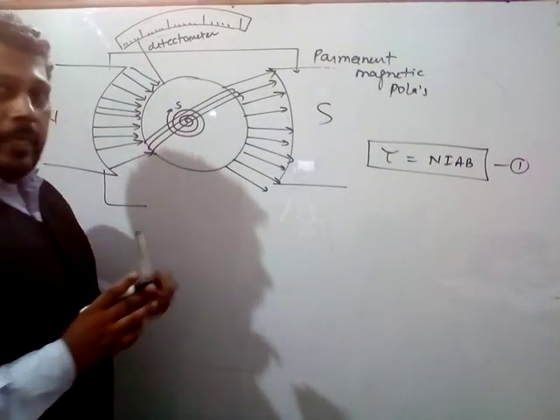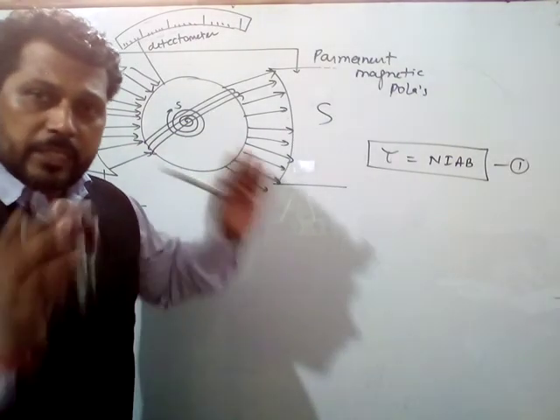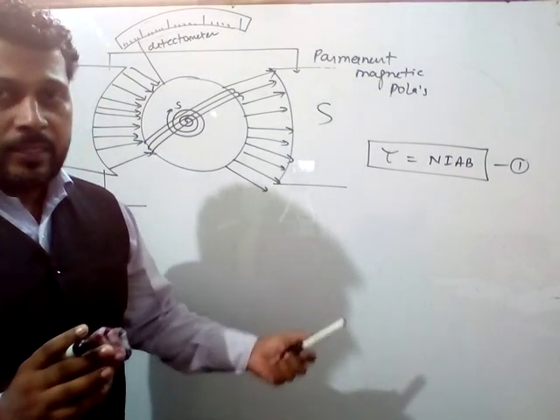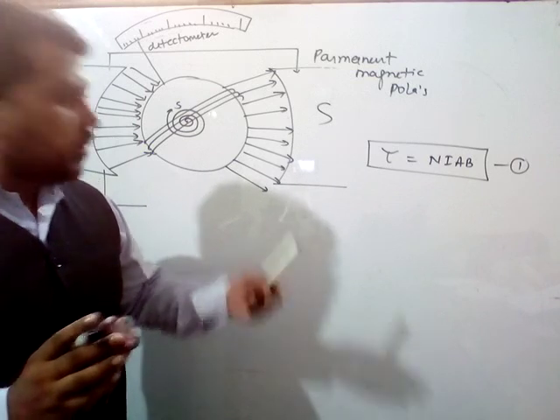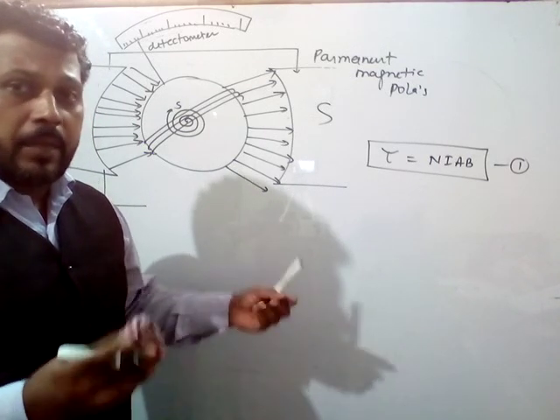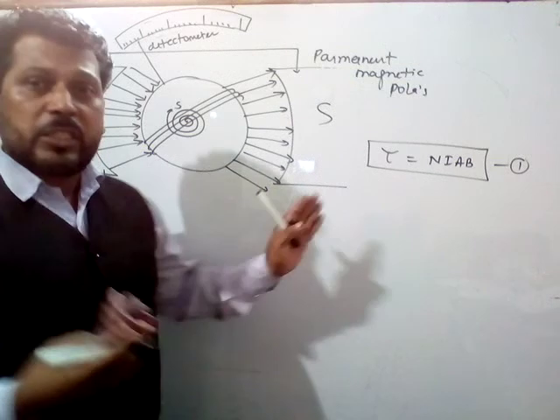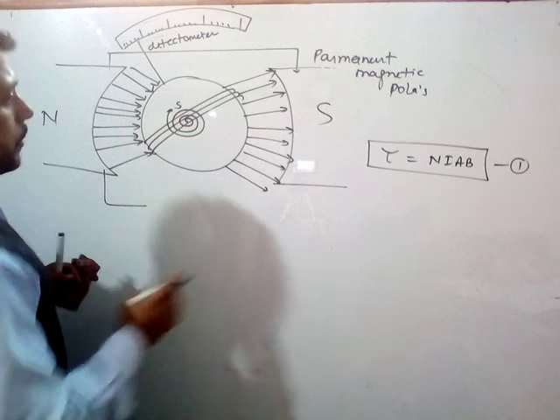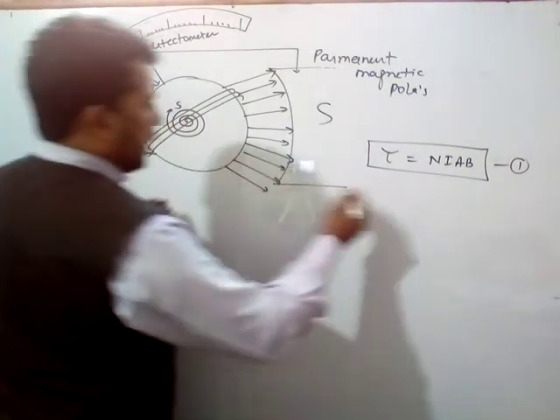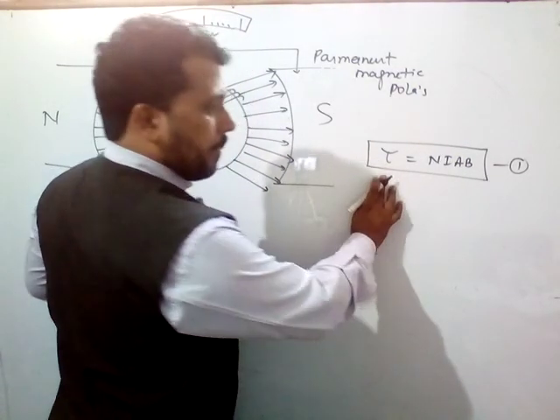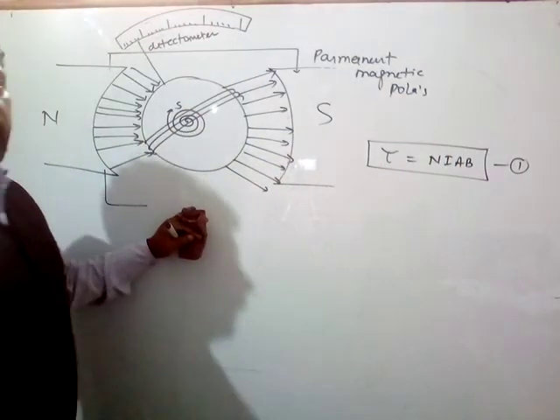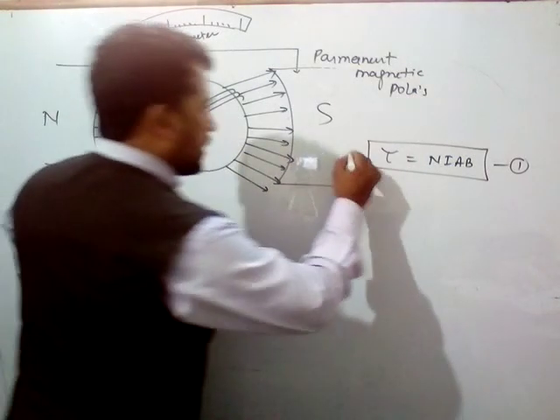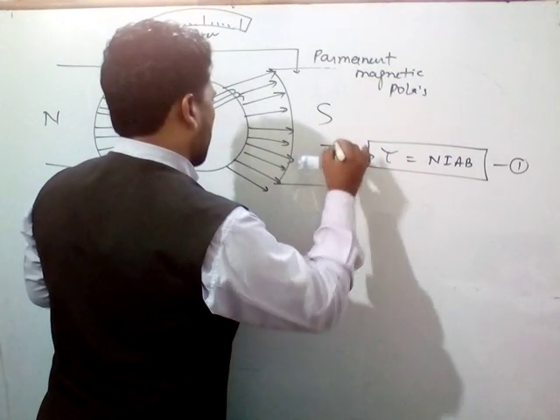This torque not only produces the radial magnetic field but also increases its intensity. This is the maximum torque, NIAB sin theta, where theta is 90 degrees.